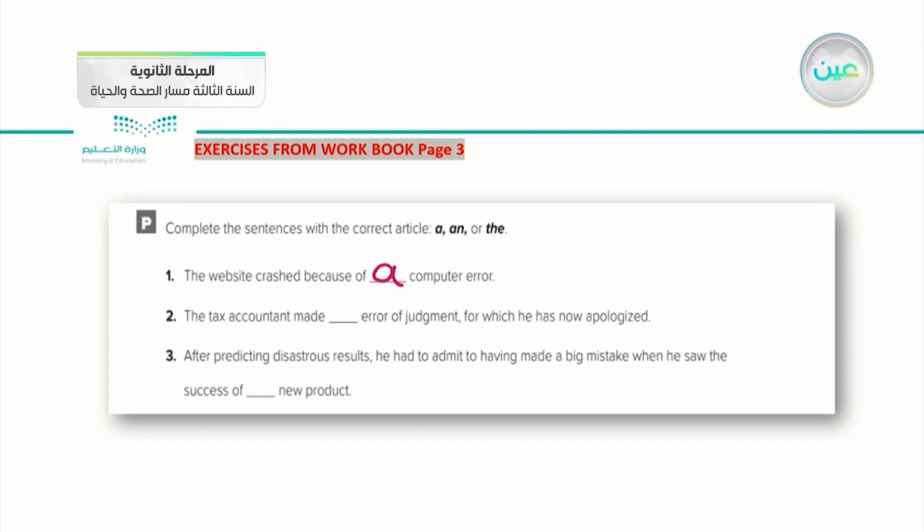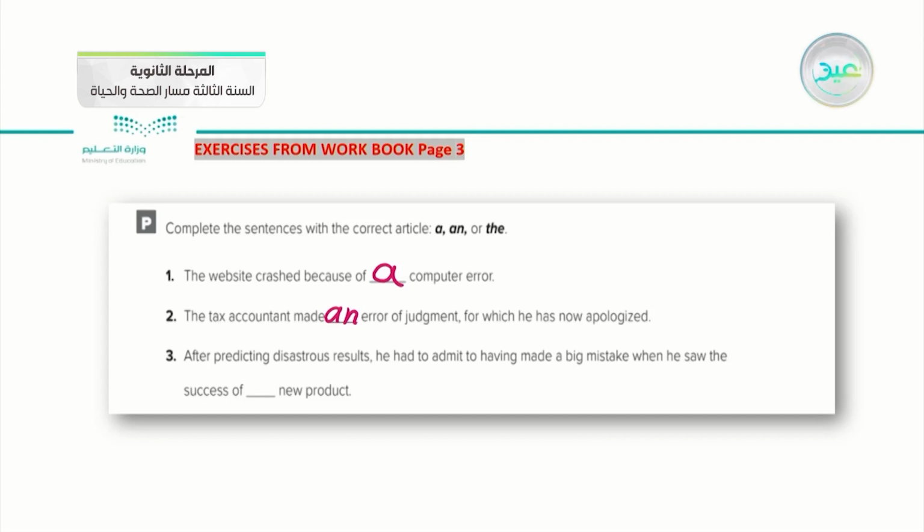Number 2. The tax accountant made space error of judgment for which he has now apologized. What do you think it is? We have an, because it begins with e. So we can't use a with that word, a vowel letter. Number 3.